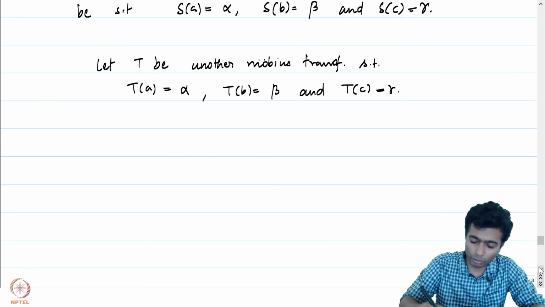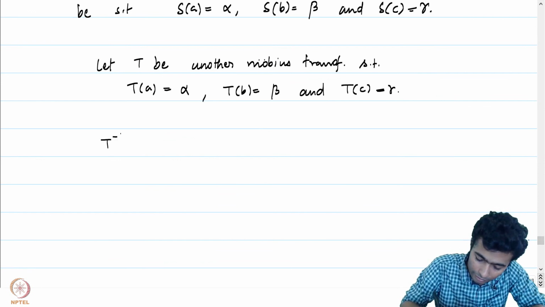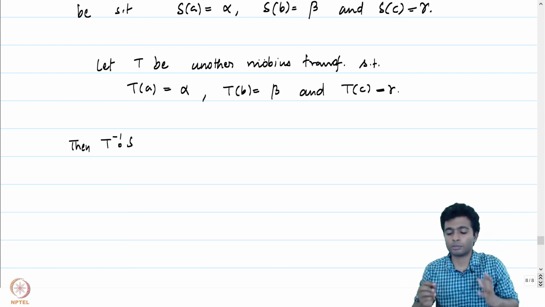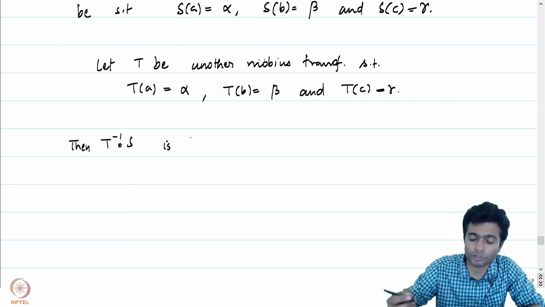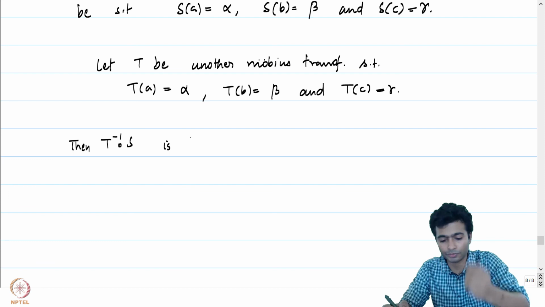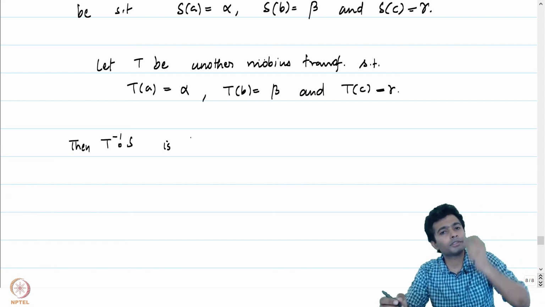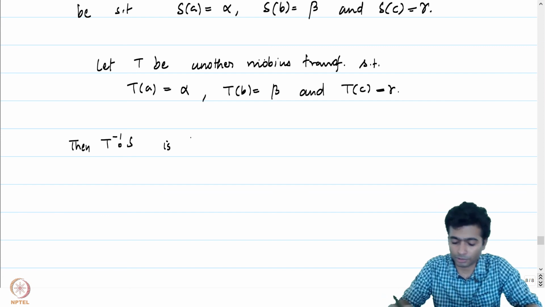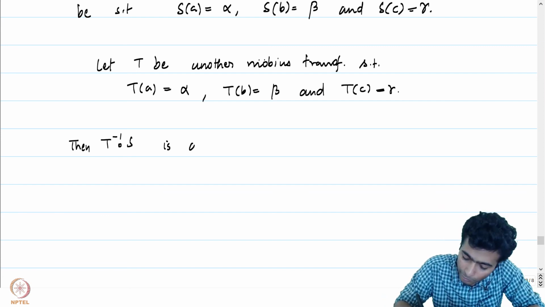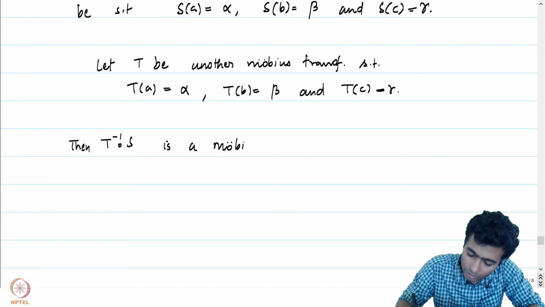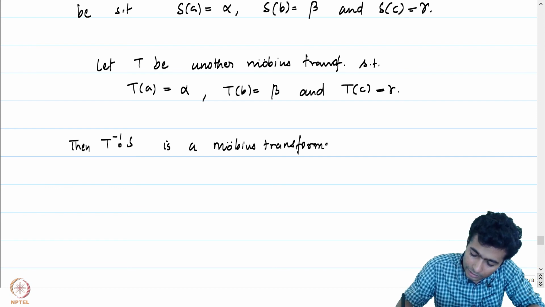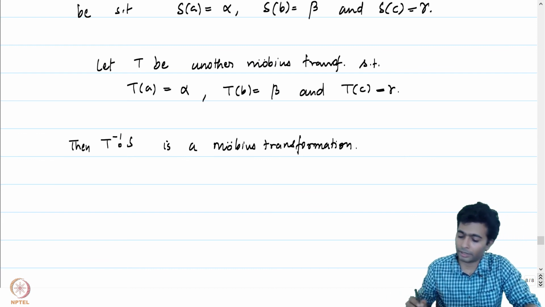Then what do we know about T inverse composed with S? We know that T inverse is a Mobius transformation, because composition of Mobius transformations is Mobius. We know the explicit formula once we know what T is. And then T inverse composed with S is also going to be a Mobius transformation, which does a little more than ordinary.